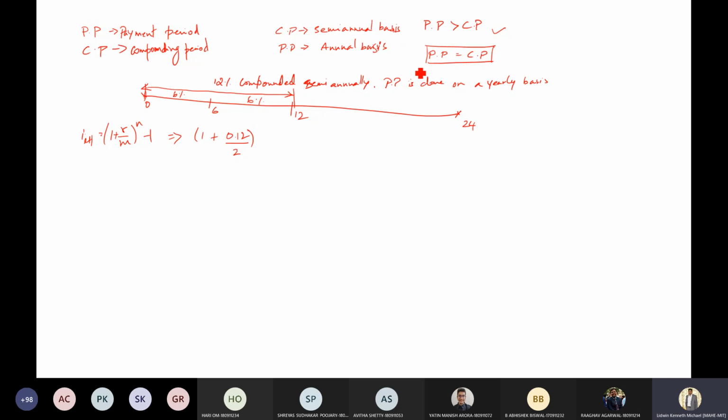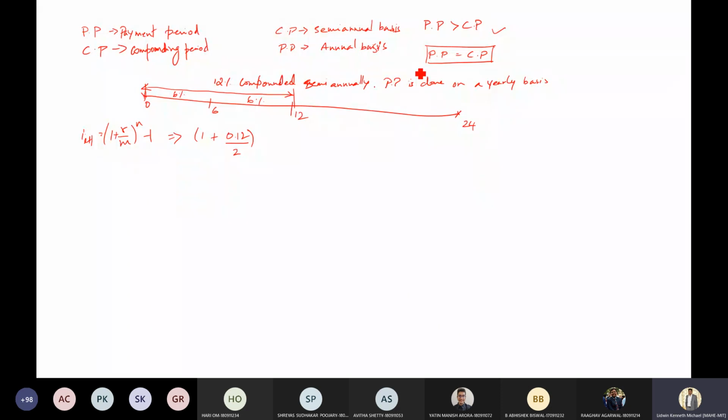This always holds good when you make your first payment. That is where you calculate your I effective. It is always calculated for your first payment. Afterwards, the same interest rate is applicable, whether you take an equal payment series or a single payment series.